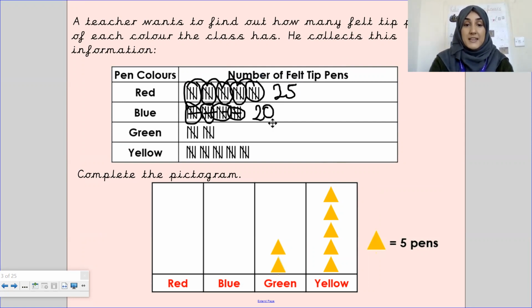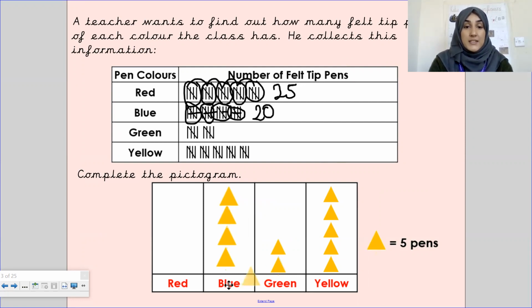I'm now going to complete this pictogram. So for blue, there's 20 blues all together. So one triangle represents 5. That's 10. That's 15. And that's 20. There we go. Now, next one.